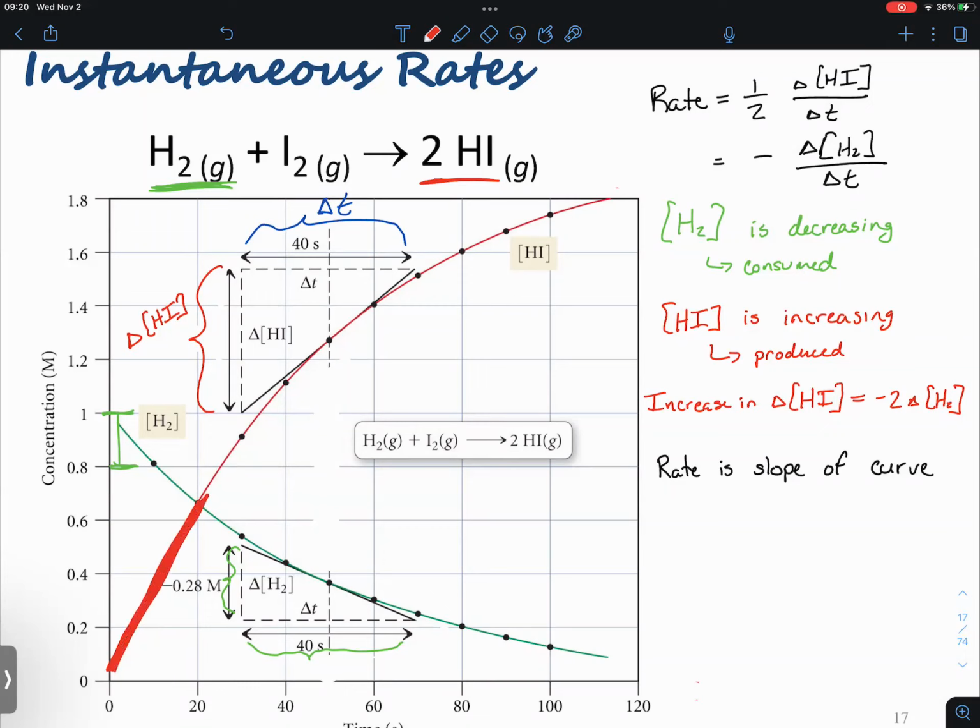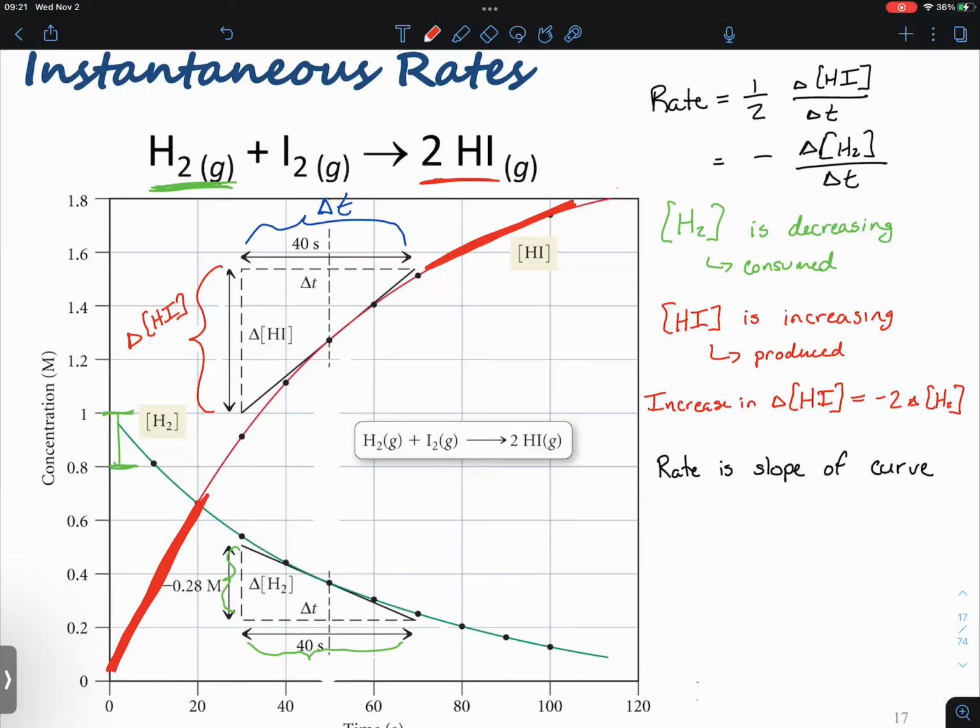That initial rate is going to be the largest value that we calculate because that's where the slope of this line is the steepest. As the reaction proceeds, our slope goes from being pretty vertical to starting to decrease, decrease, decrease. So towards the end of my reaction is where the rate is the slowest.